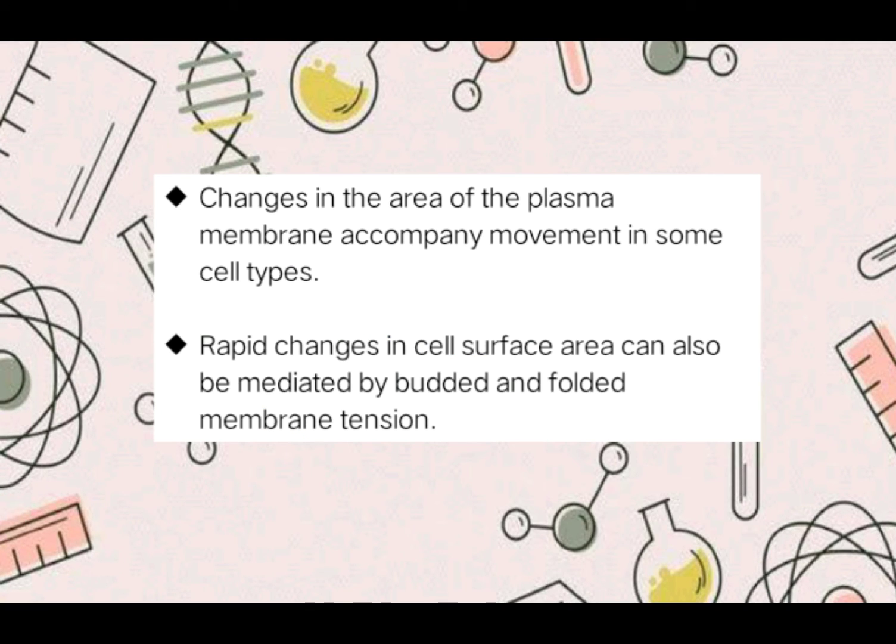Changes in the area of the plasma membrane accompany movement in some cell types. Because the plasma membrane is essentially inextensible, such changes must be generated by an imbalance between the processes of exocytosis and endocytosis.